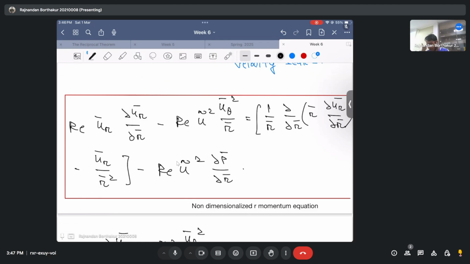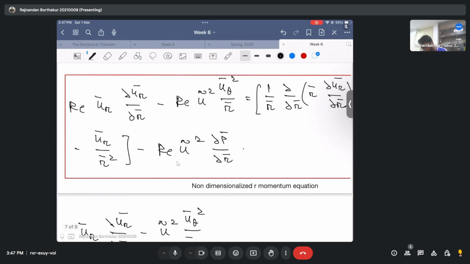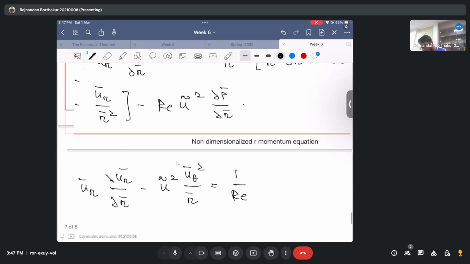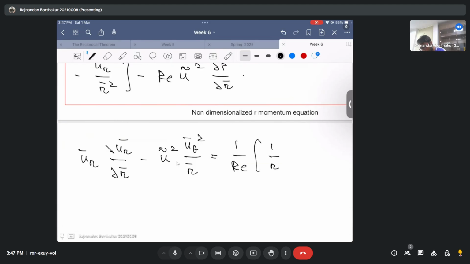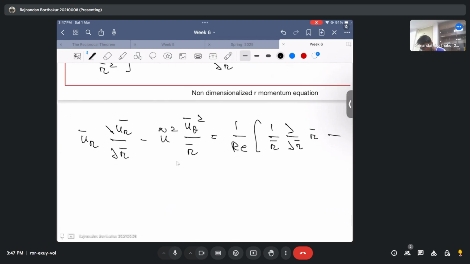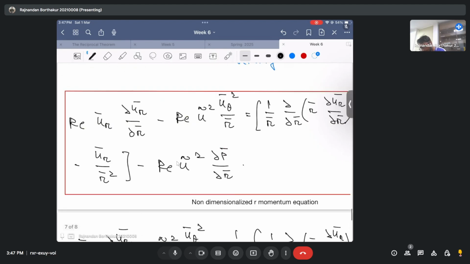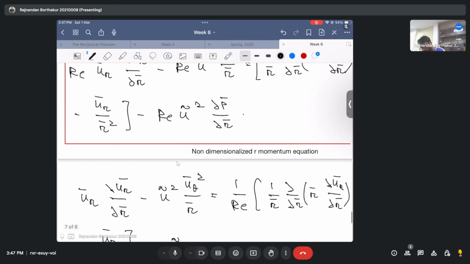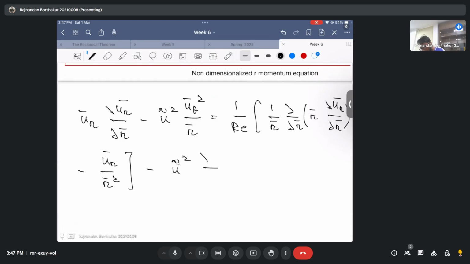Okay, I think I'm correct. Then this is 1 upon Reynolds number times 1 by R bar del by del R bar of R bar times del UR bar by del R bar, minus UR bar by R bar squared, and then U tilde squared times del P bar by del R bar.